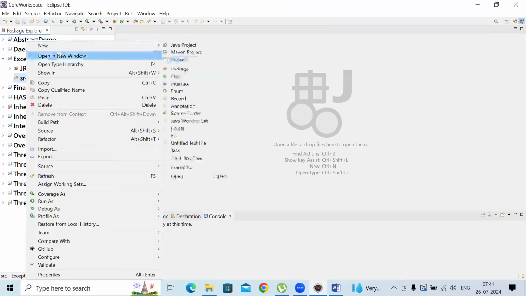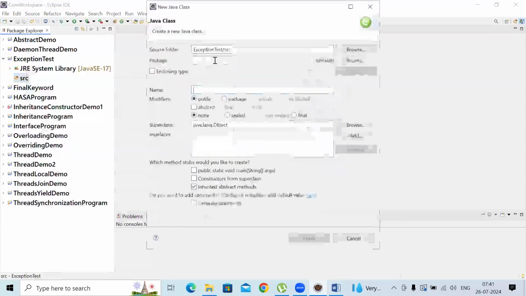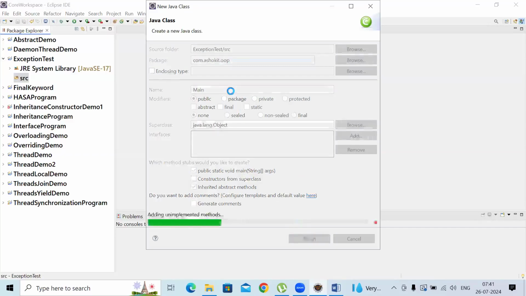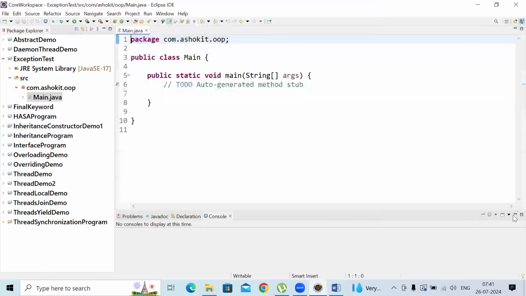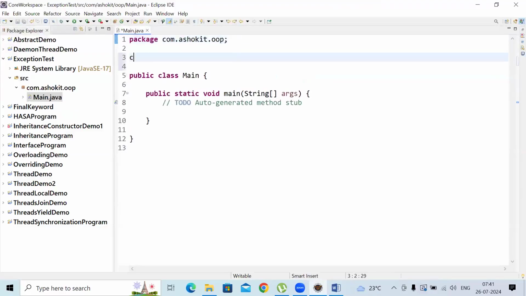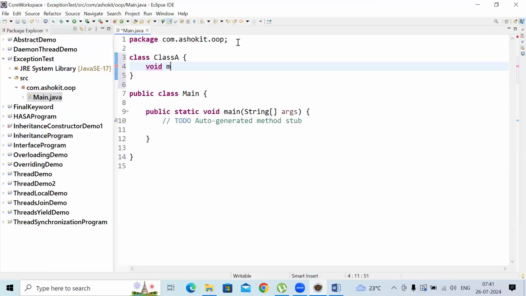Let's say we are creating a new class, with package name com.ashok.it.oop. It could be any name, it doesn't matter. Suppose I'm writing one class called Main, which has a main method. Here I'm writing one more class above this main, class A, and inside this a method called m1.